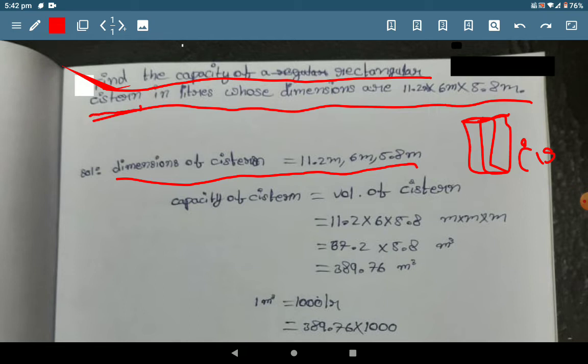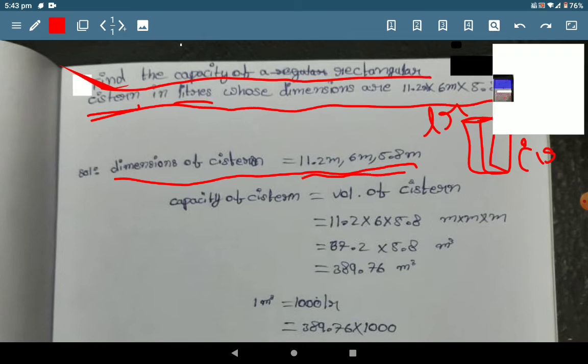Like you gotta turn left and turn right. Cistern. Like that. And we have to find its capacity in liters. And its dimensions are 11.2 meters into 6 meters and 5.8 meters.